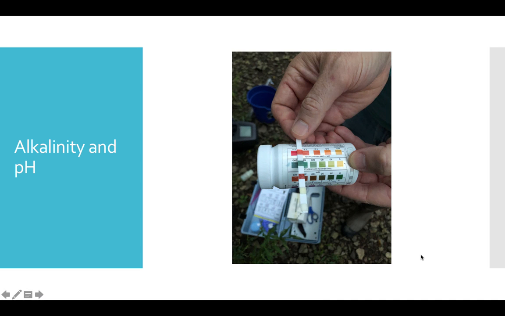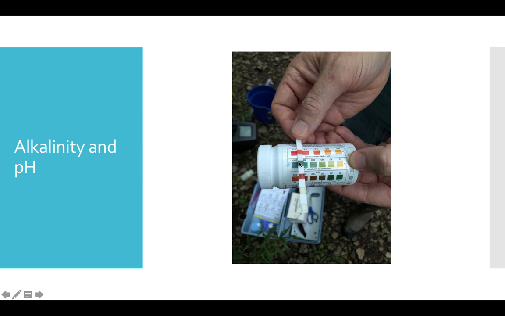So the alkalinity and pH are what we're going to look at next. Alkalinity is the buffering capacity of the stream. This is the total alkalinity. The higher the alkalinity, the more acid can be removed from the stream. As we look here, we have a pretty high capacity, about 180 to 240.